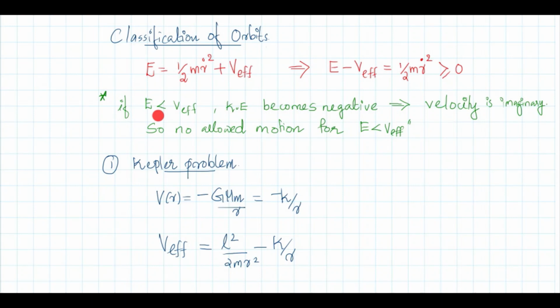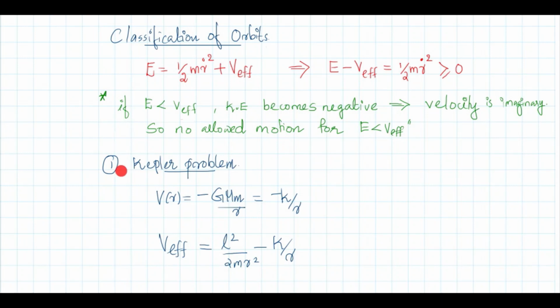Or we can say that if E is less than V effective, that means this term becomes negative. This term being negative means the velocity r dot is imaginary. That is, there is no allowed motion for total energy less than V effective.